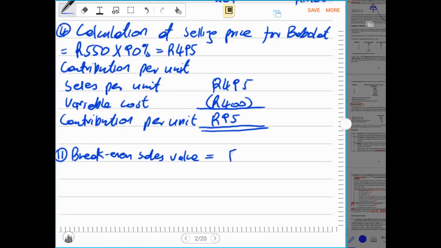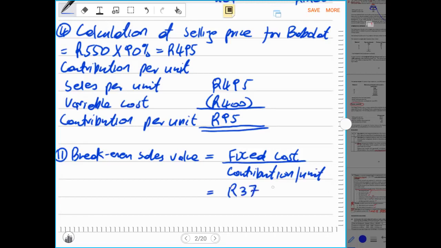That is equal to fixed cost, which remained the same, and we divide this by 95 rand. So we divide this by contribution per unit. Still a formula first. We divide this by contribution per unit, and our fixed cost remains the same, 37,840.